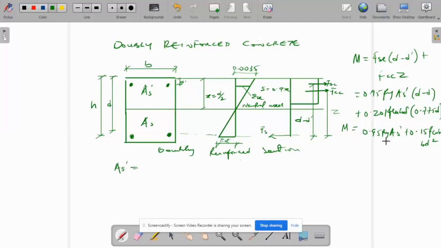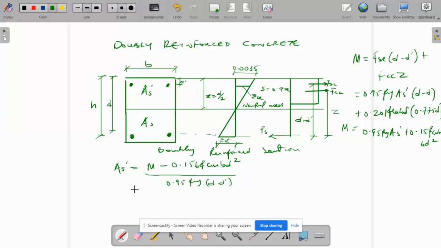This will be equal to M minus 0.156 fcu b d squared, over whatever is remaining, which is 0.95 fy (d minus d prime).